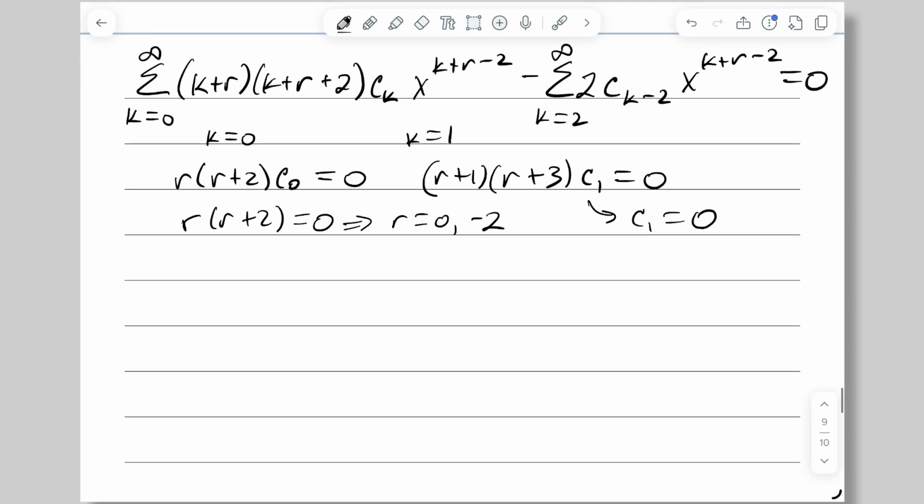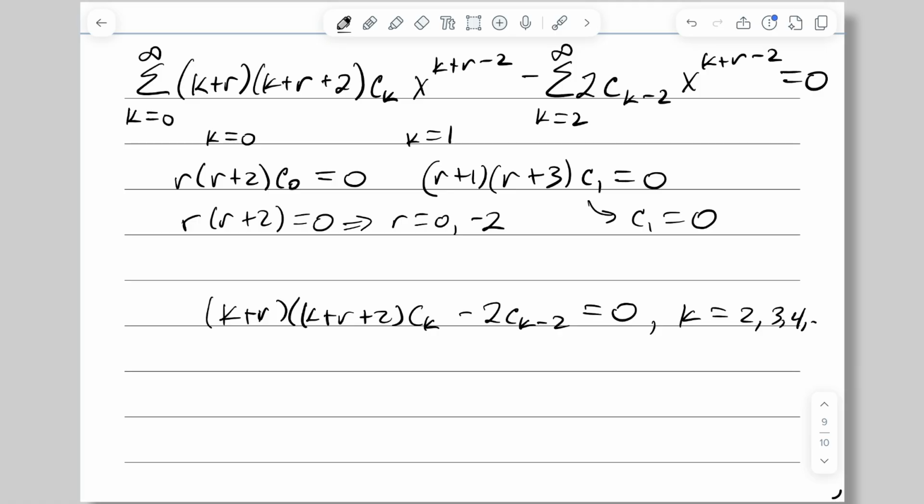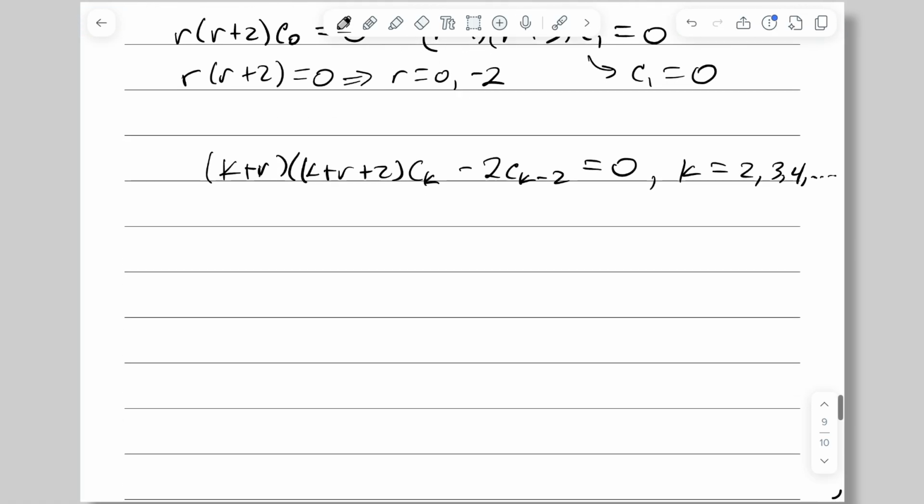Now we can skip ahead to forming our recurrence relations. From the first sigma expression, we have k plus r times k plus r plus 2 times c sub k. From the second sigma expression, we have minus 2 c sub k minus 2, and all that's equal to 0, for k starting at 2, 3, 4, etc., had we combined the sigma expressions.